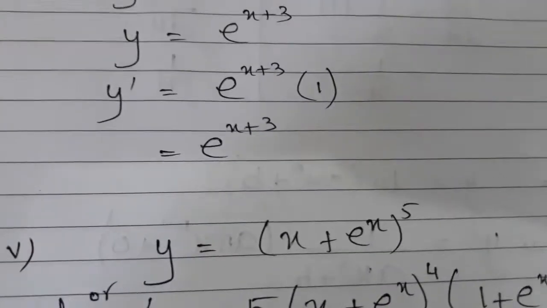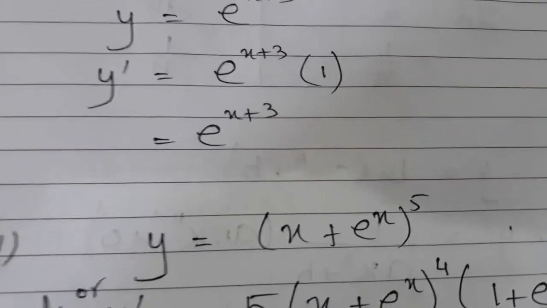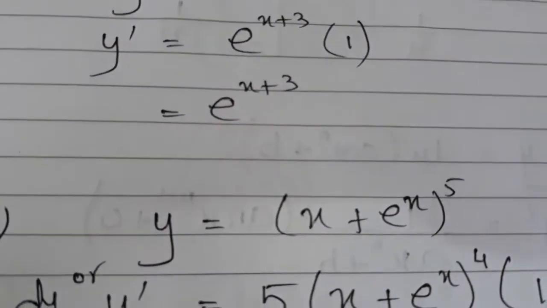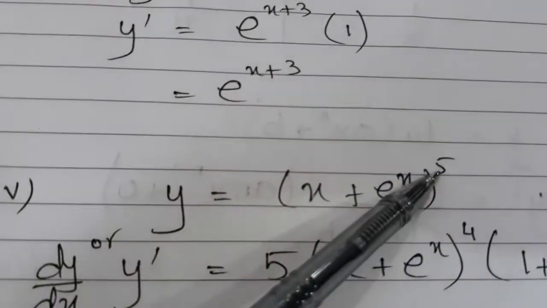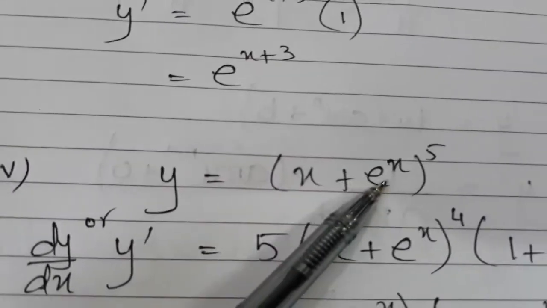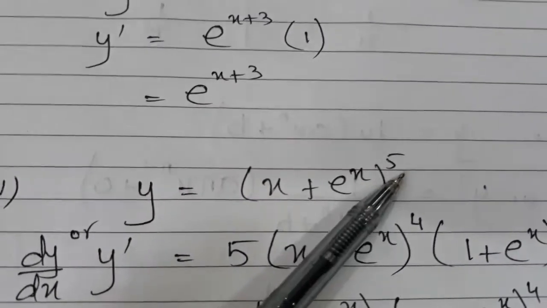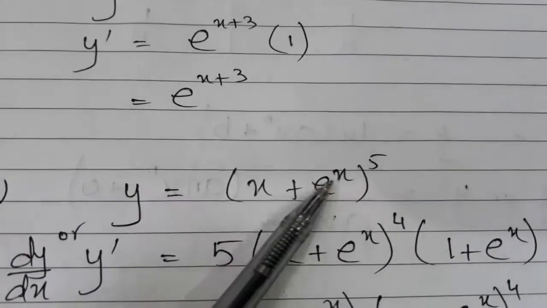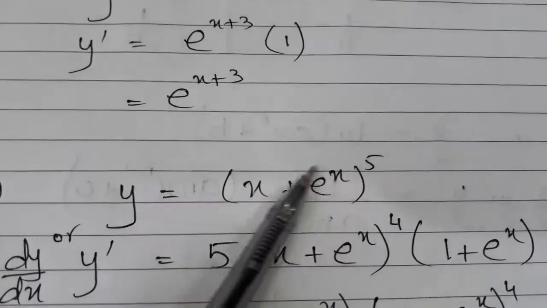Okay, let's take an example of a function of the type raised to a power, which we have done in polynomial also and trigonometric also. When you differentiate it, 5 will come here as a multiplier. This will remain as it is. 5 minus 1, 4, multiplied by the differentiation of this function.